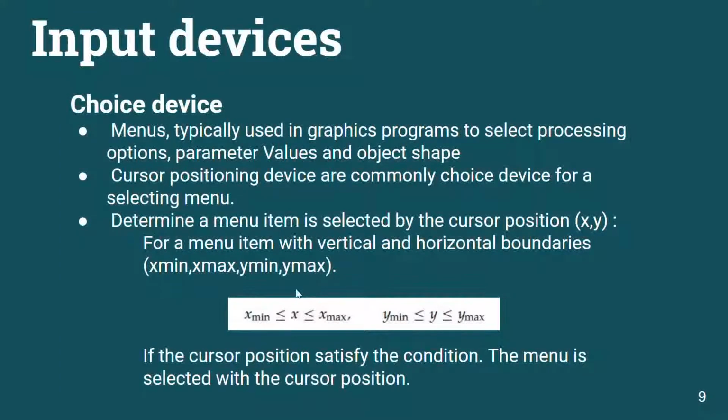Let's say the menu's domain is from xmin to xmax and ymin to ymax in terms of the boundary of the menu. If the cursor position, say x comma y, is in that domain, it qualifies to choose that option. This is the condition it should satisfy so that it can choose it.